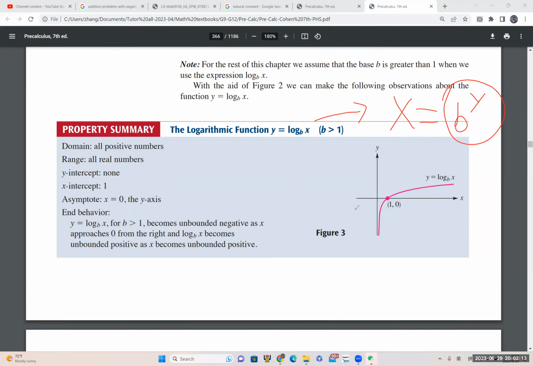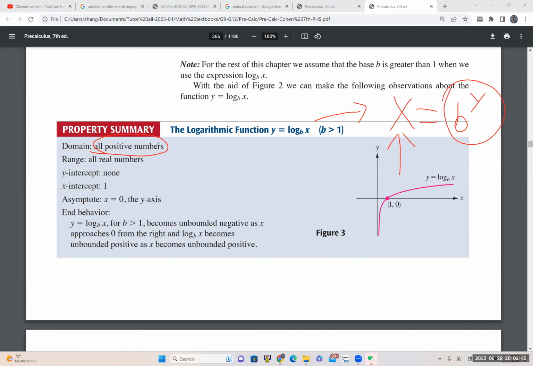That means x should be greater than 0. Domain means what x can take. Then the range can be all real numbers, like the y here. Y can be any real number.